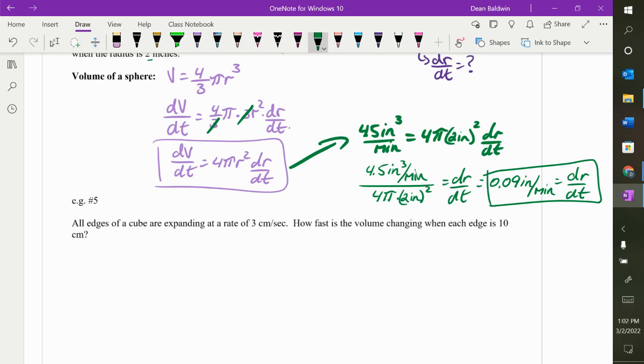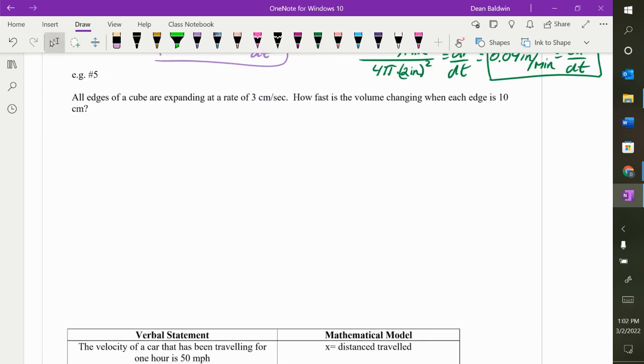All right, last question. I'll give you a couple practice, and then we'll move on to the trickier ones. All edges of a cube are expanding at a rate of 3 centimeters per second. How fast is the volume changing when each edge is 10 centimeters? So we got a cube.